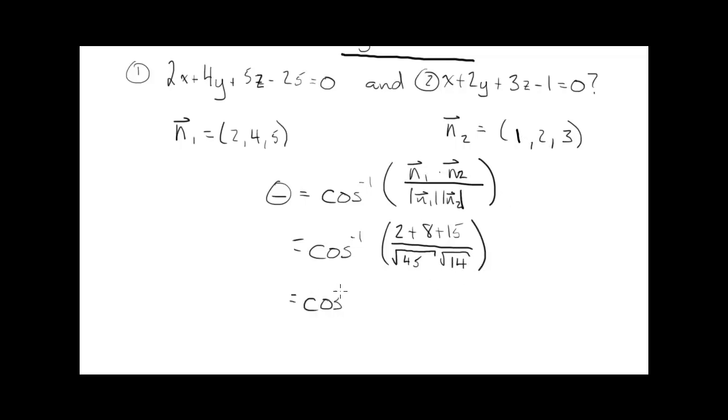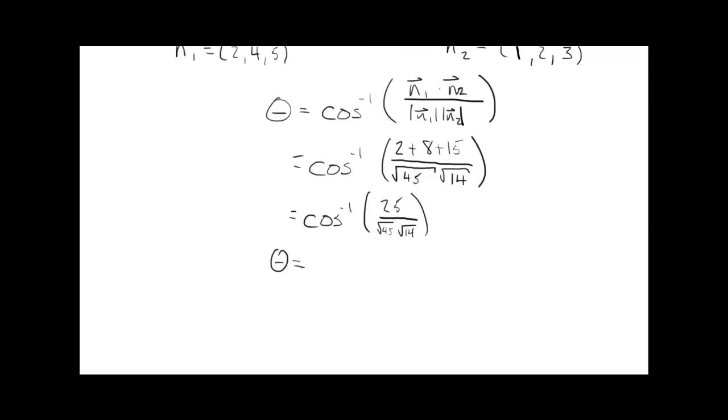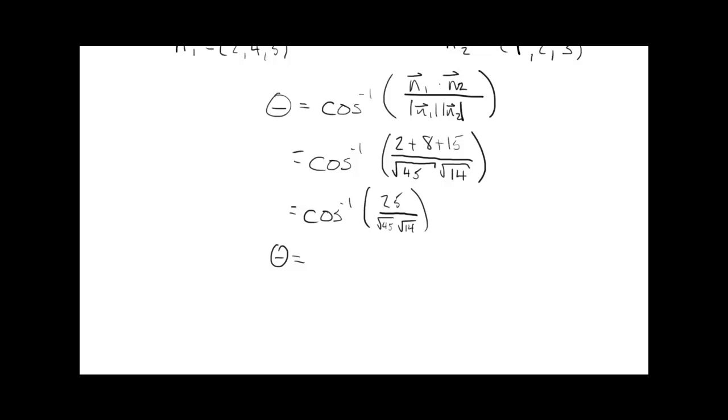So that's cos inverse of 25 all over root 45 root 14. So theta is equal to, get out your trusty calculator. Okay, I got 5 degrees. Okay, so that's the acute angle, or if you got the obtuse angle, right, there's always 2, you get 175 degrees. So that's also a possibility.